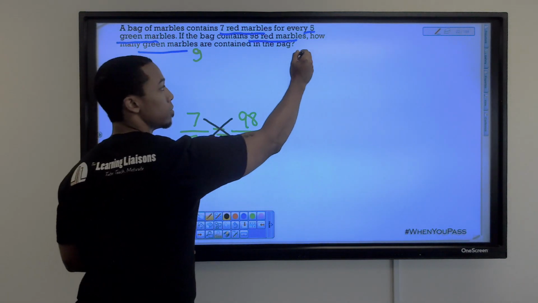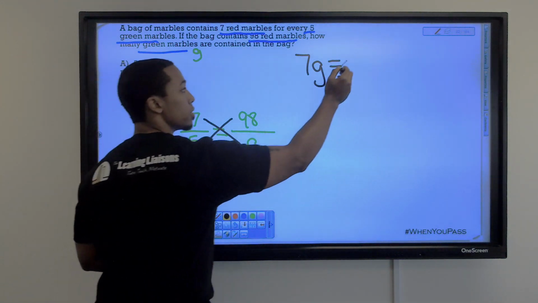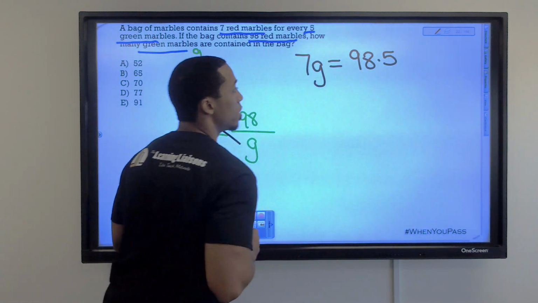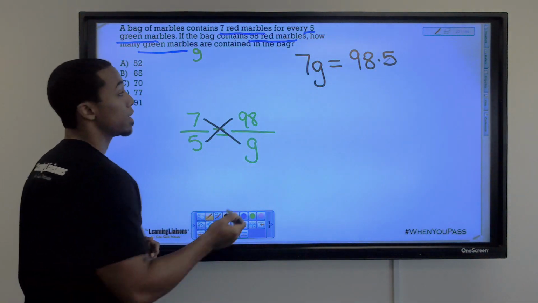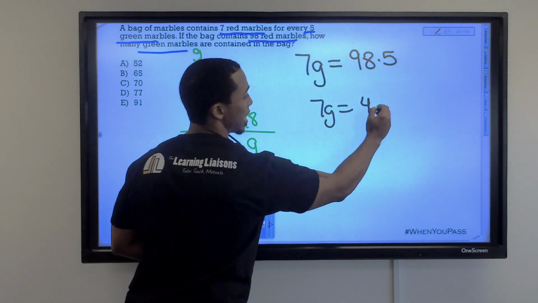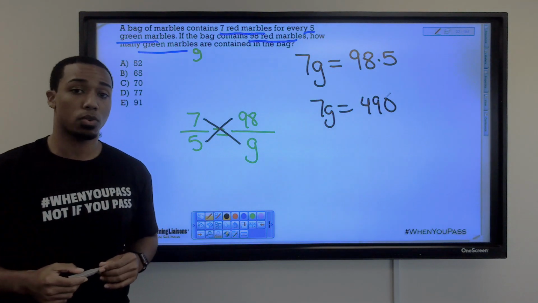7 times G, that is 7G. Then we have 98 times 5. So 98 multiplied by 5. All right, so what this means is that 7G, and if I do this properly in my head, that's going to be 490. So 7G equals 490.